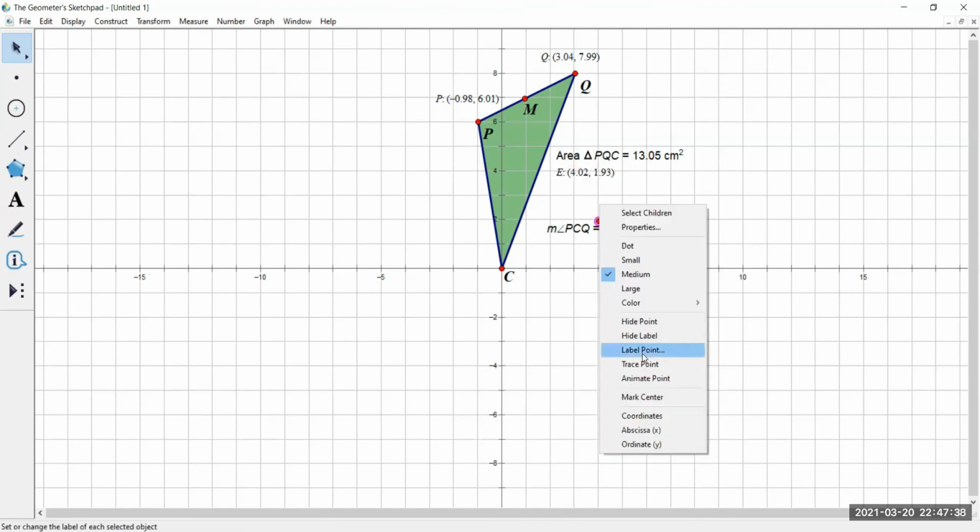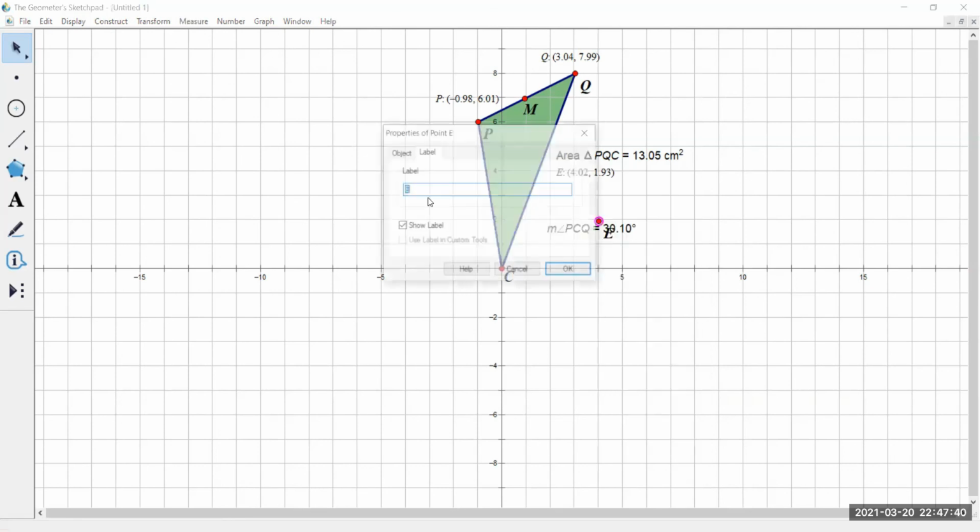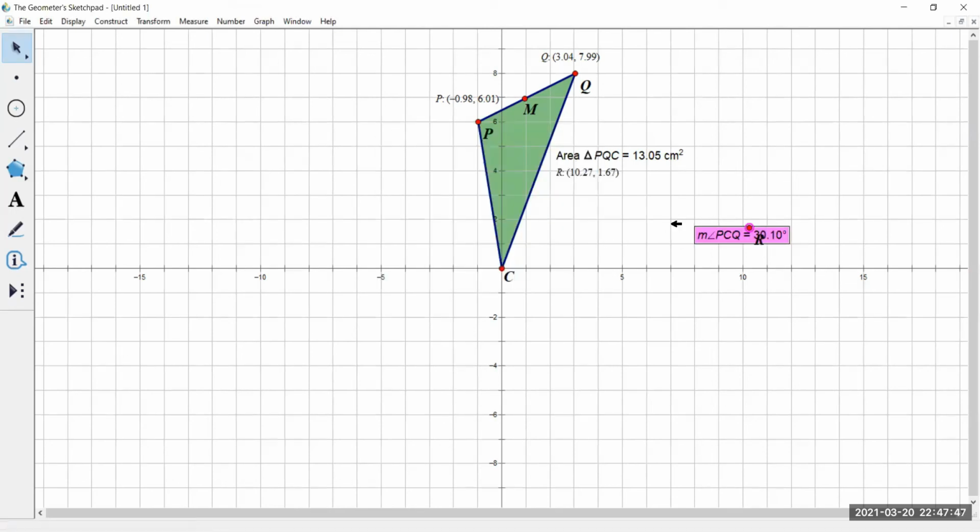Label the point as R. This is not E, we want to label it as R. Just want to move that out of the way. So let's go look at this now. This is the point R, 4, 2.